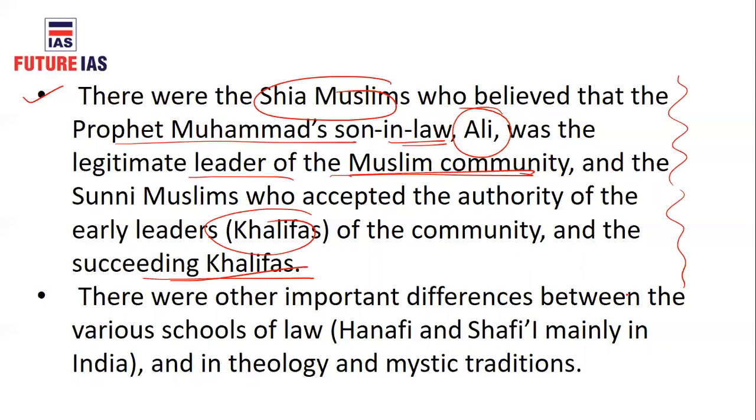And there were various other schools of law also. For example, there is Hanafi law, there is Shafi law, mainly in India. And they were also involved in theology and mystic traditions. So all these different schools of law started evolving within the realm of a particular religion called Islam.